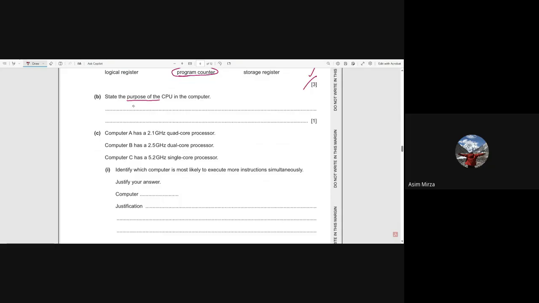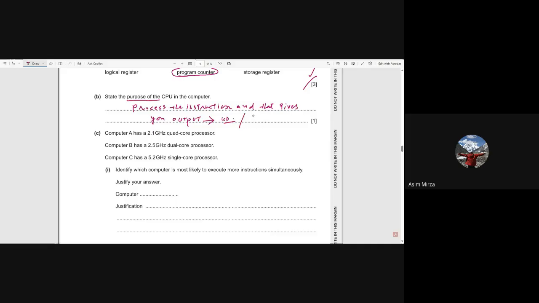That is very simple. The CPU processes the instruction and later on gives you output on your screen, LCD or LED, whatever, right?